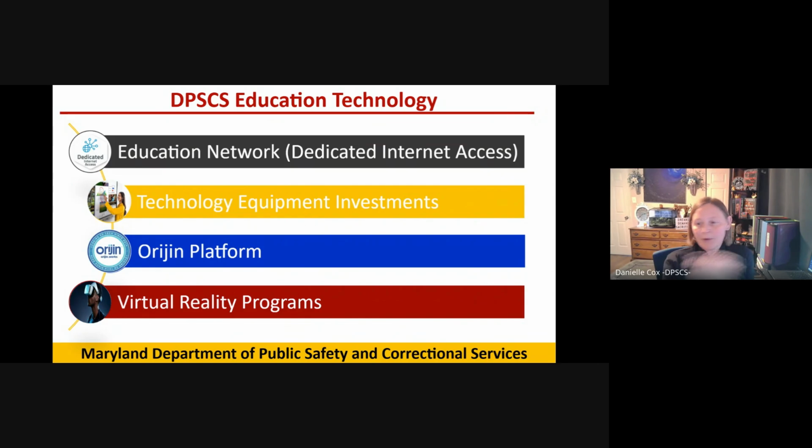We have been doing that at MCIW. We've done 4 cohorts so far, graduating 35 students, 45 students through those cohorts. And then we're moving to Dorsey Run and Patuxent.